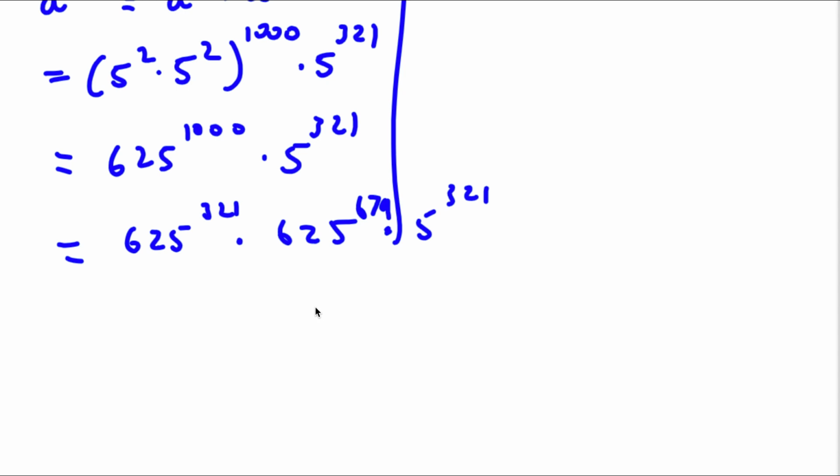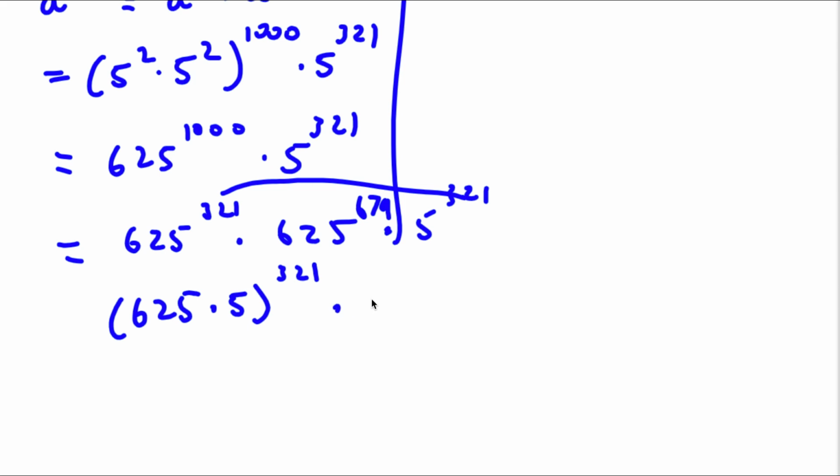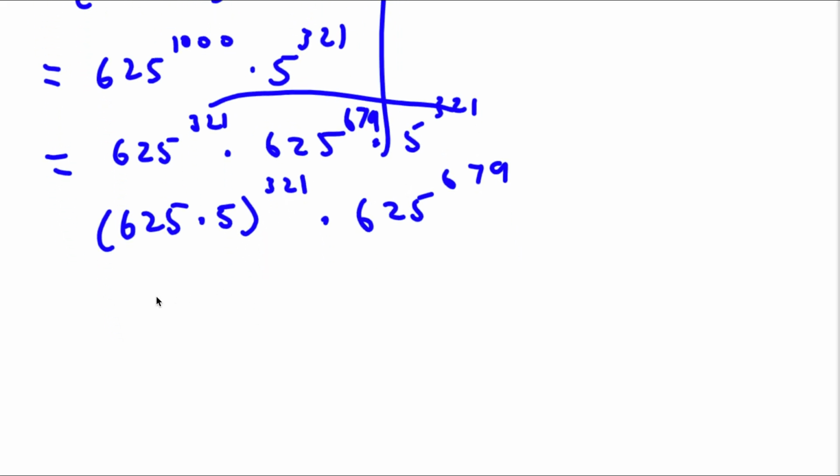Now, because both of these have the same exponent, 321, I can rewrite this as 625 times 5 to the power of 321 times 625 to the power of 679. Now 625 times 5 is equal to 3,125. We have this to the power of 321 times 625 to the power of 679.